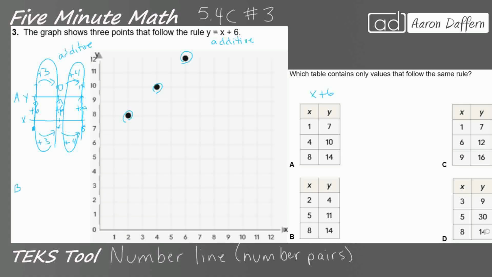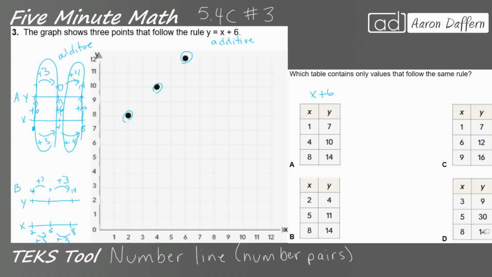So B, I've got 2, 5, and 8 on my x's. And my y's are going to be 4, 11, and 14. Looking at my changes in my x, so plus 3, so that's different than the last one. And then this is going to be a plus 7. And look at this, a plus 3.